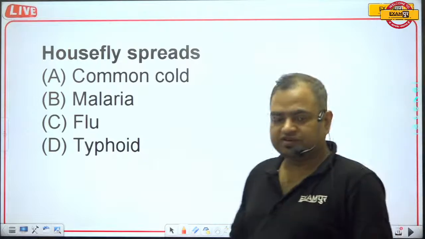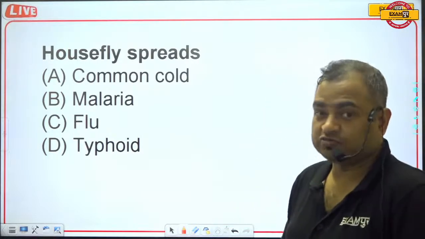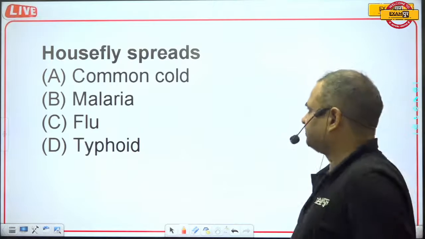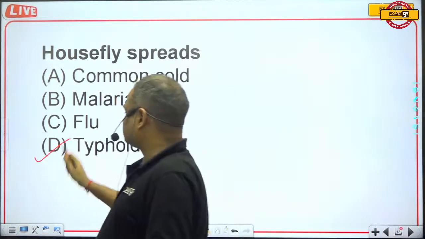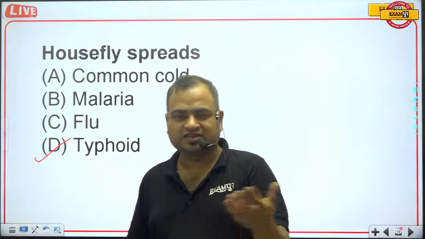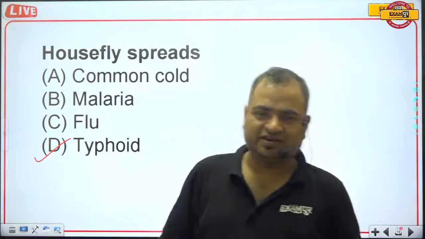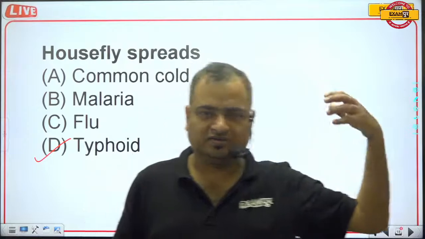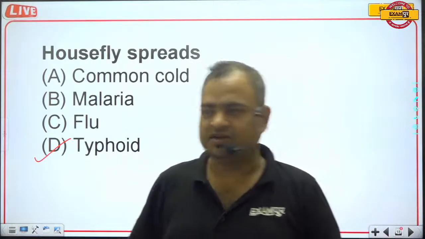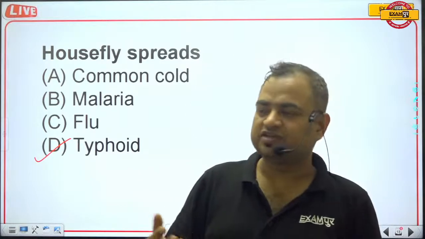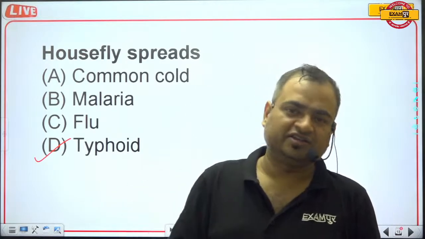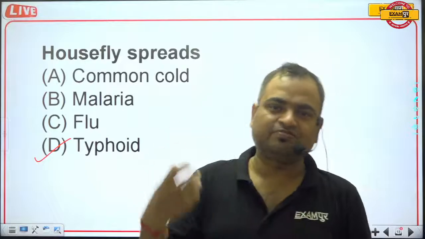Housefly spreads... whenever we talk about the housefly, it means makhi. Housefly spreads typhoid, because we all know that a housefly can sit anywhere. It doesn't matter whether it is a very dirty thing or a very clean place. Whenever a housefly sits on a very dirty thing, it picks up some bacteria.